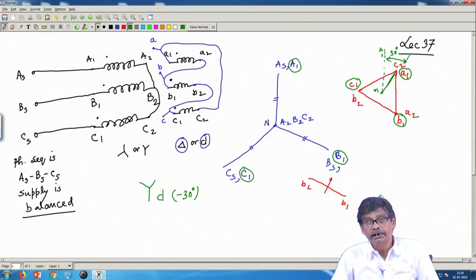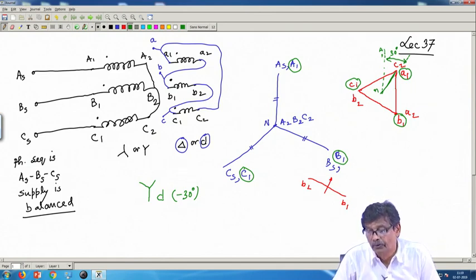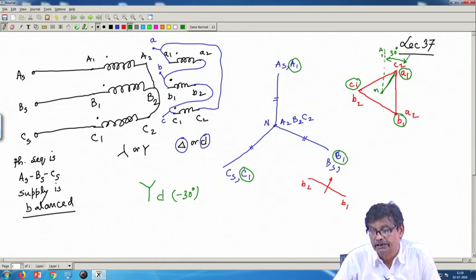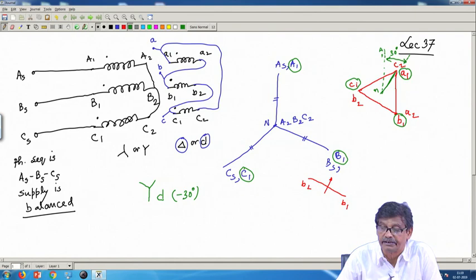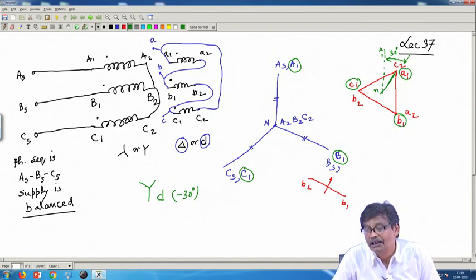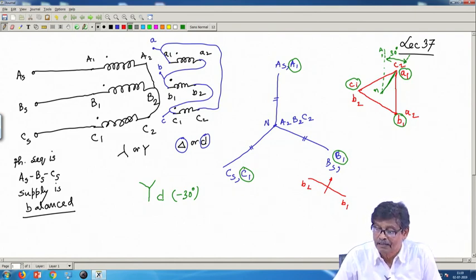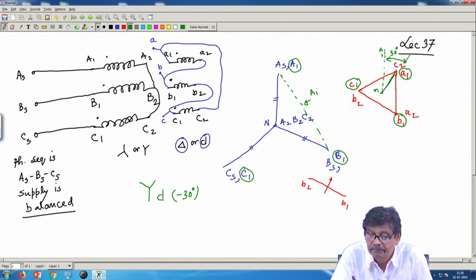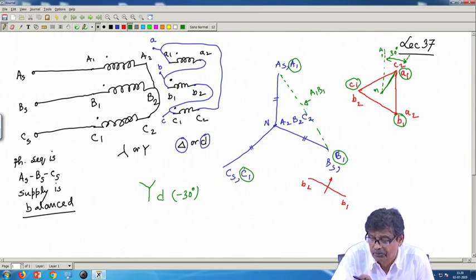But one important thing also, you note that it is not only the phase voltages, that is A1 with respect to neutral, that maintain 30 degree. What about the line to line voltage? For example, primary side line to line voltage A1B1, because phase sequence is this. So, this voltage is A1B1, which happens to be equal to AsBs.